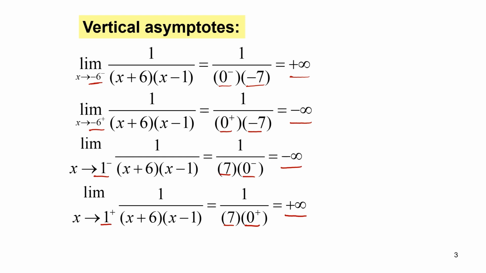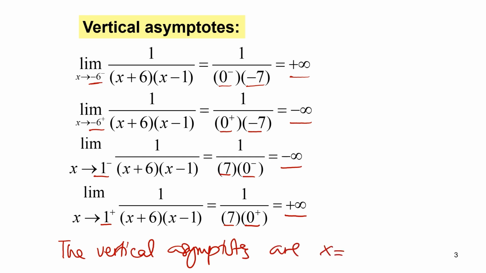Therefore, we might conclude that the vertical asymptotes are x equals -6 and x equals 1.